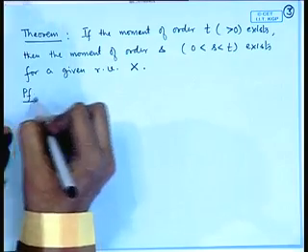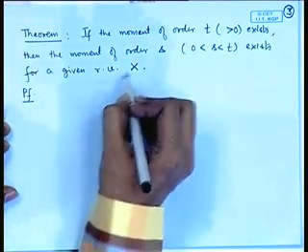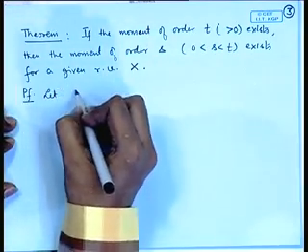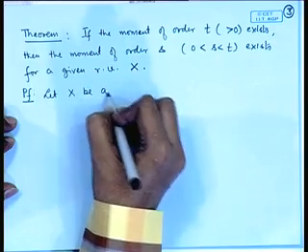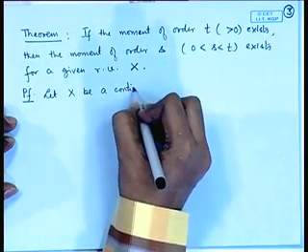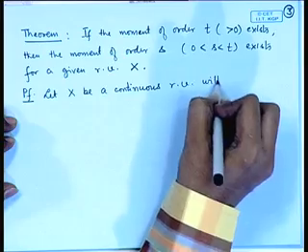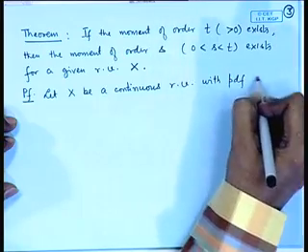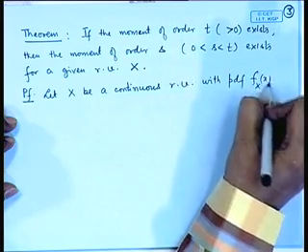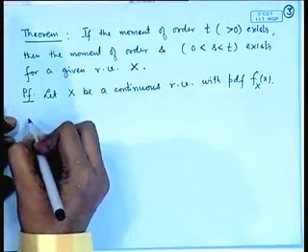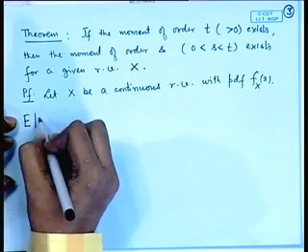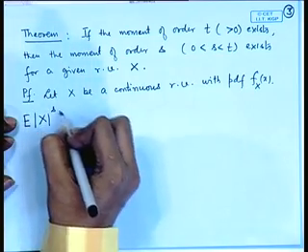Let us look at the proof of this one. For convenience, let me take X to be a continuous random variable. Let X be a continuous random variable with say probability density function f(x). Let us write down expectation of modulus X to the power s.